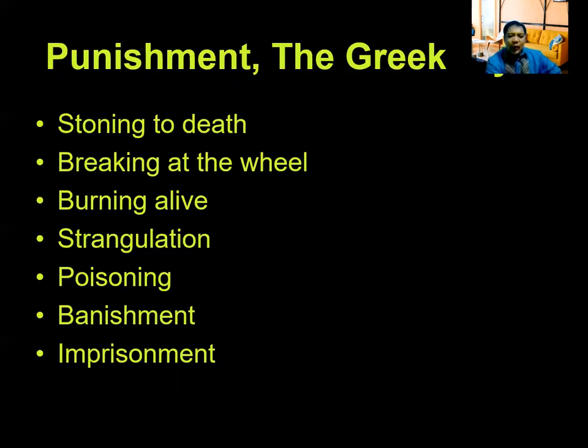And then, of course, we also have burning alive. Burning alive was a very common sight during the early civilization. Even in movies, burning alive is depicted as one of the principal penalties.